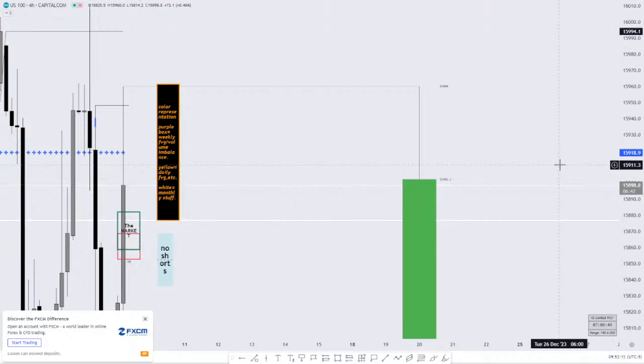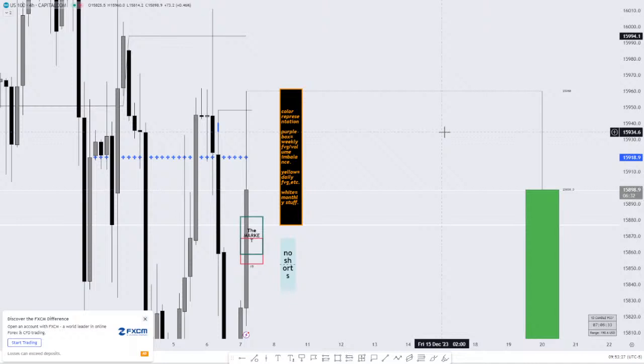Then we can make a good case for the bulls. In any case, no what? No shorts. Last 6 minutes.